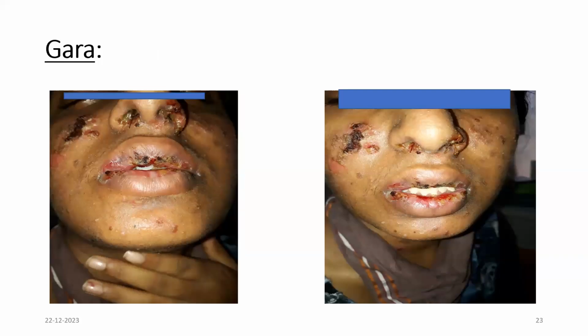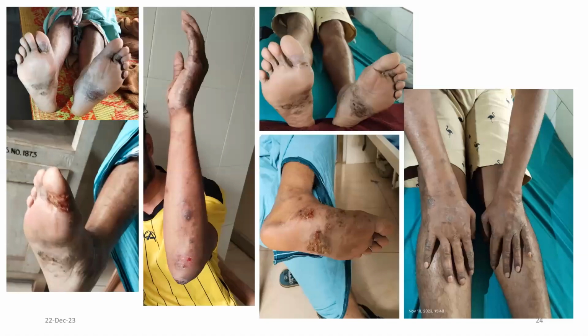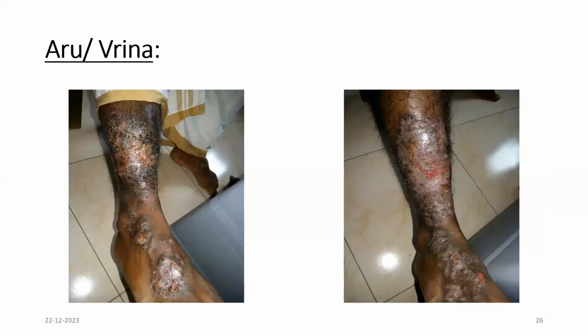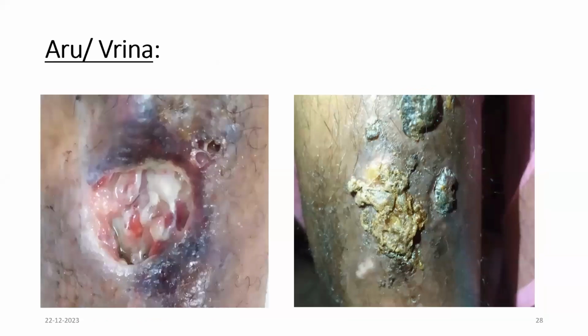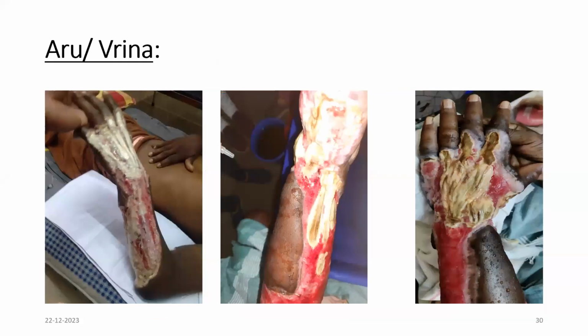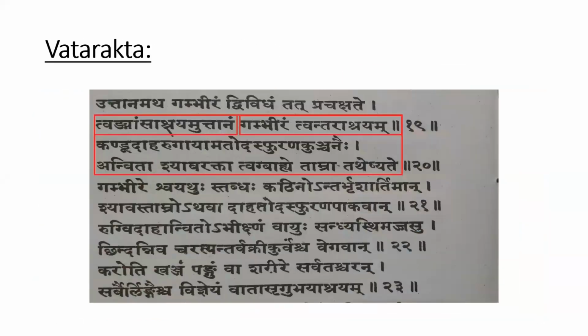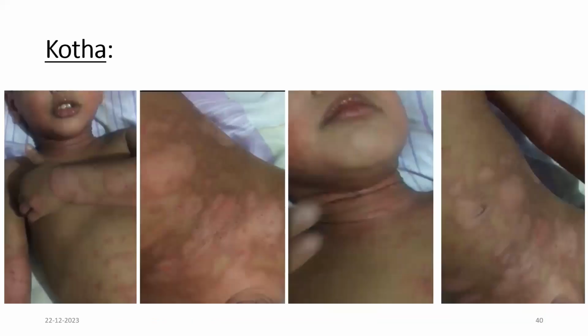Garavisha, Savisha Dravya Samyoga Krita, Garavisha due to drug, Savisha Dravya Samyoga Krita, Shonita Dushti in Dushi Visha, Aruhu in Dushi Visha, Kitibha in Dushi Visha, and Vatarakta. And this is Kota.